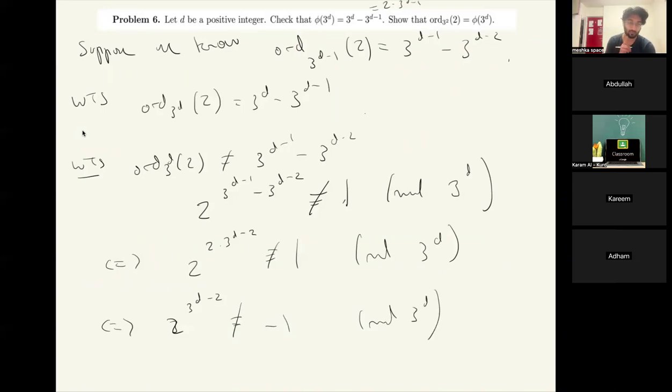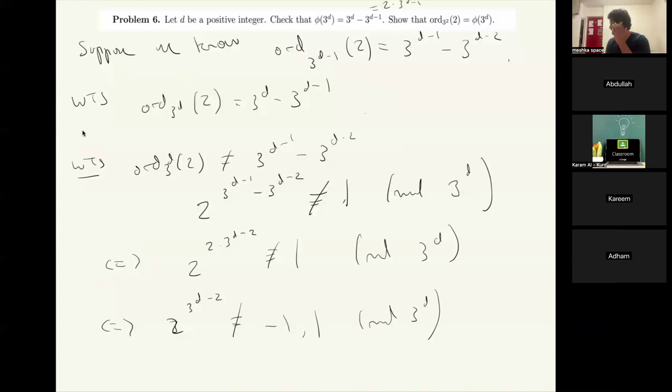No, because it can be congruent to 1, right? But if it's congruent to 1, then we found a smaller order, no? Yeah, okay.